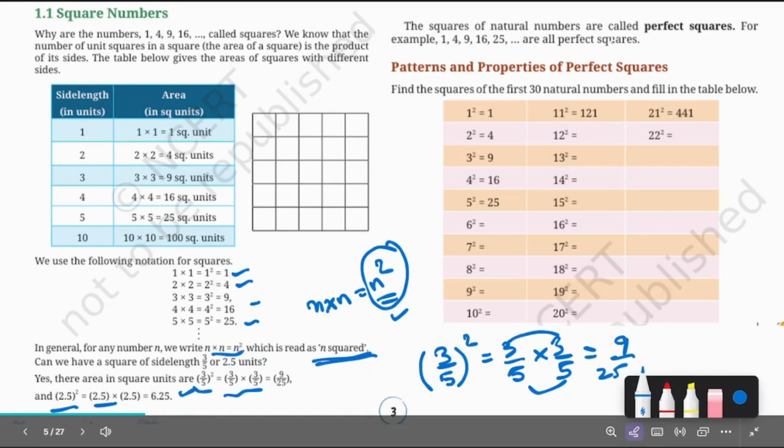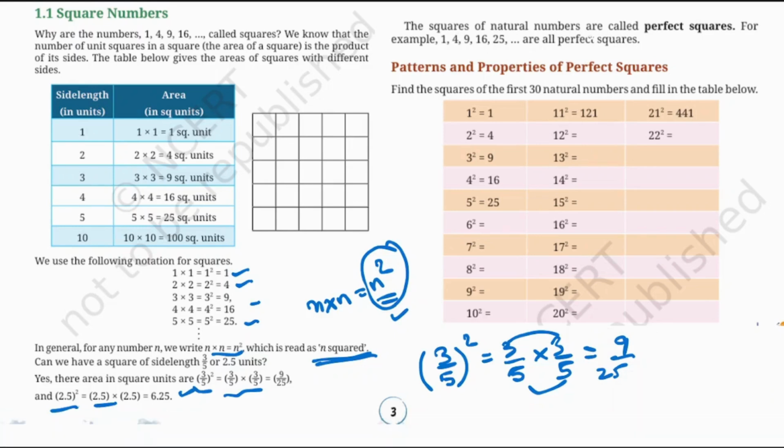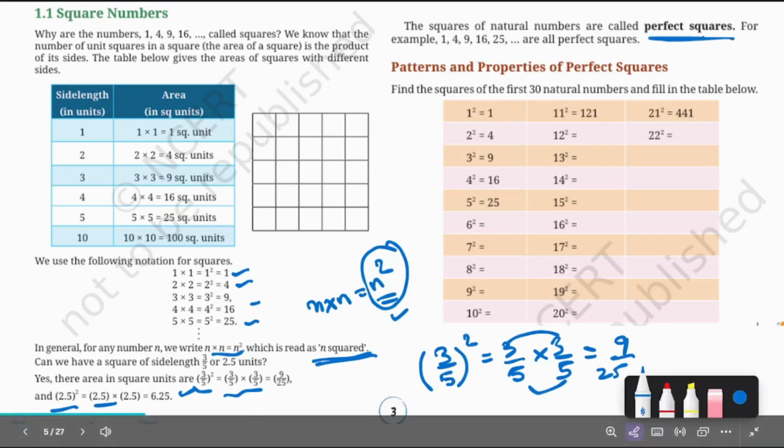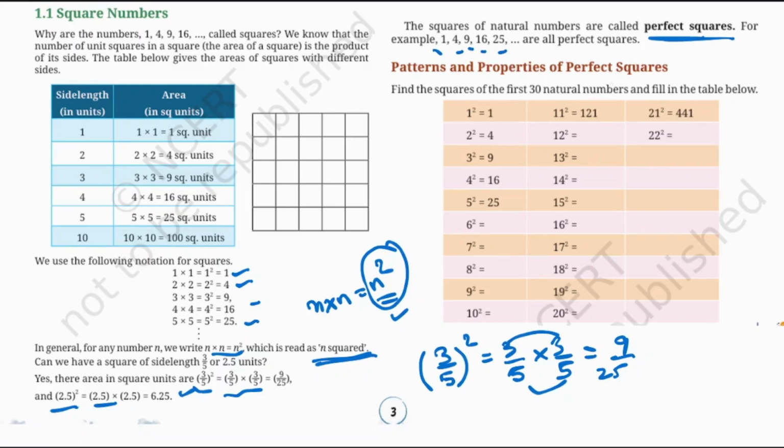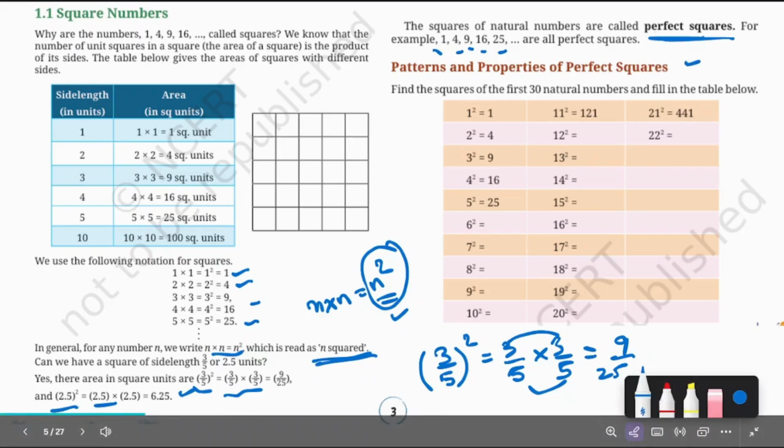Now further it is given that the squares of natural numbers are called perfect squares. For example 1, 4, 9, 16, 25, these all are called perfect squares. Now some patterns and properties of perfect squares.